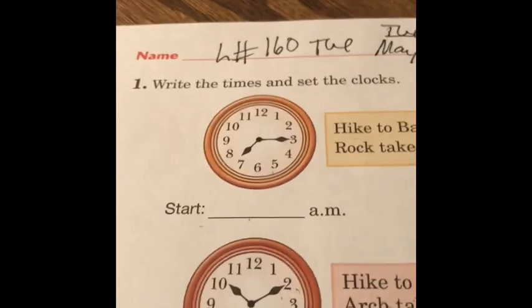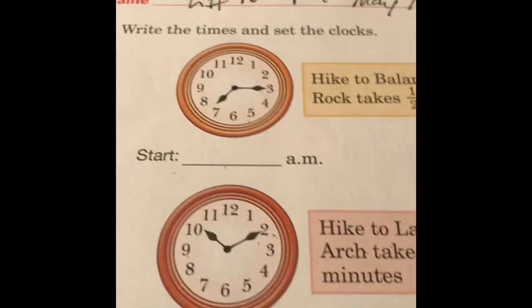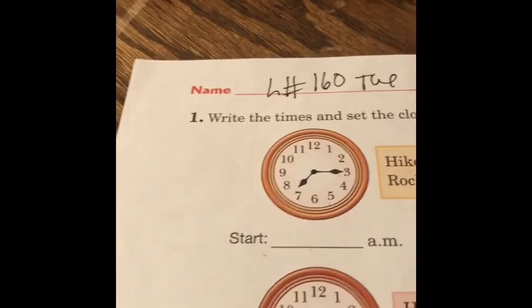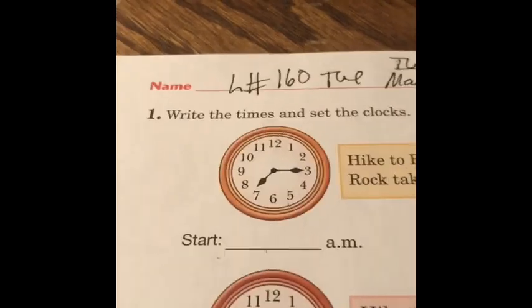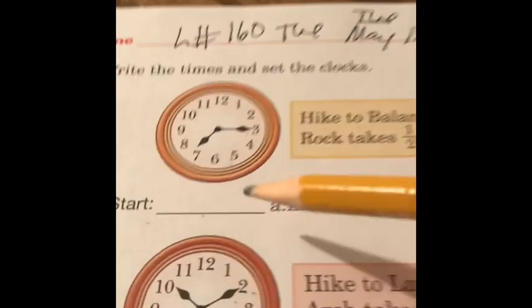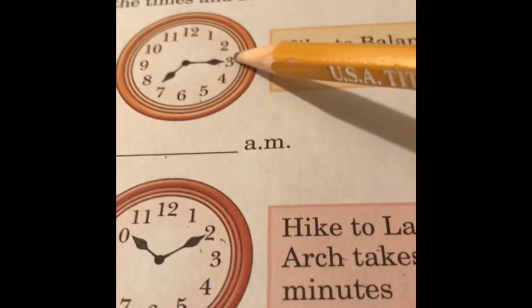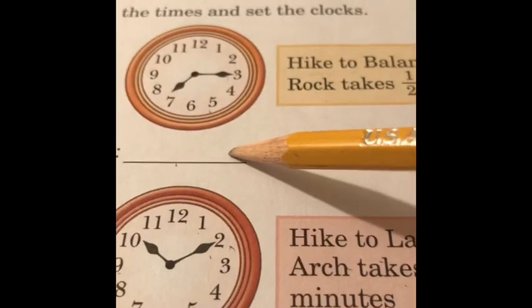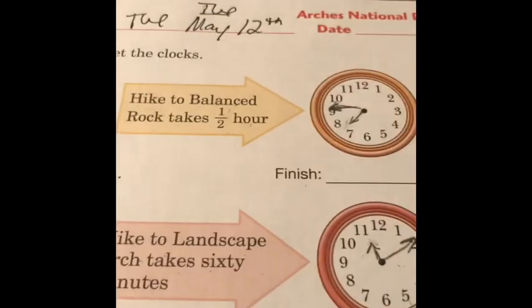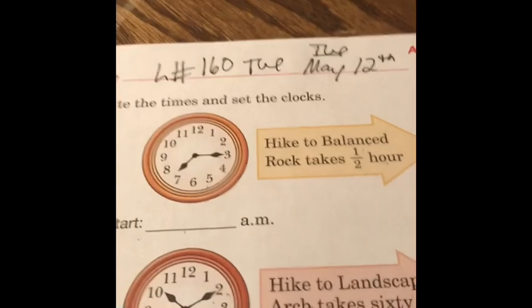Okay, let's turn it over and look at the back. We've got clocks today. This is the seat work side of the paper, so I will just go over it for you. This is number 1: write the times and set the clocks. I'm going to write what time this clock says. Remember how to count by 5s around the clock and write the number that it shows you. So you're going to write what time it is, AM, here.